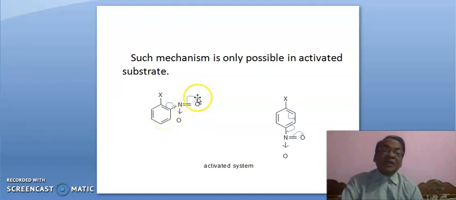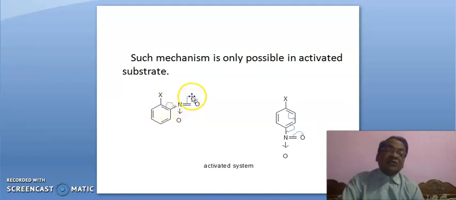This pi bond will break in this fashion, and so this pi bond will break in this fashion, shifting in this fashion. Due to the presence of this nitro, positive charge is developed at this carbon. Friends, underline this thing.